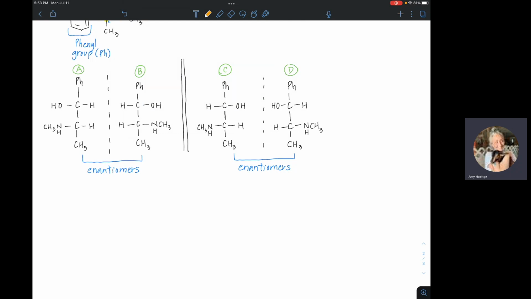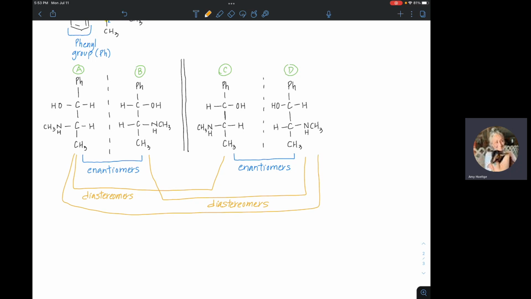So A and C and B and D are diastereomers. And also A and D and B and C. They're diastereomers.